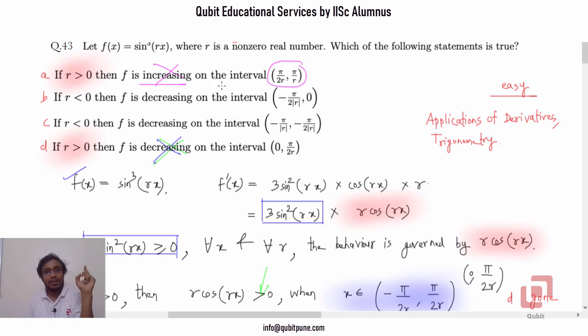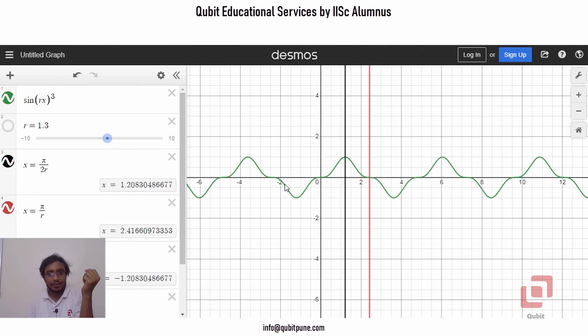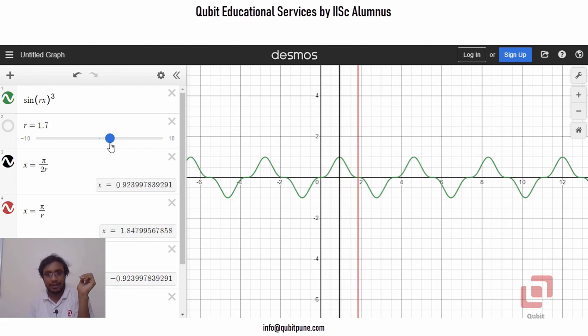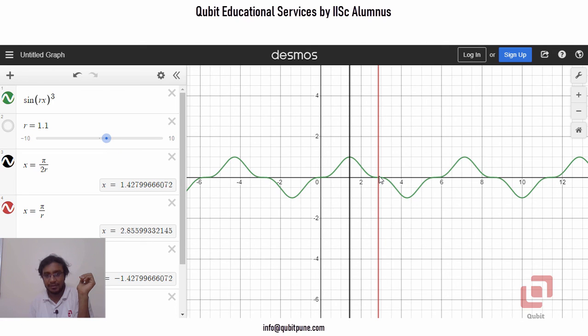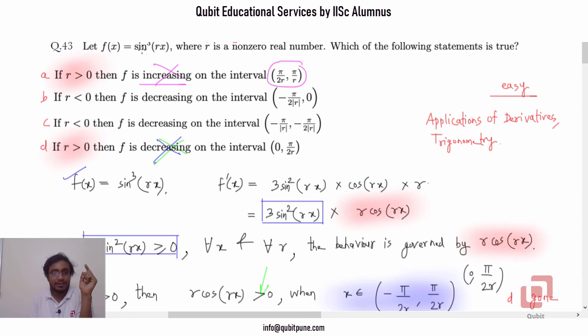The opposite behavior is observed for pi by 2r to pi by r. You look at the portion of the graph to the right of the black line and to the left of the red line. The graph is falling down, so the function decreases from pi by 2r to pi by r, doesn't increase.